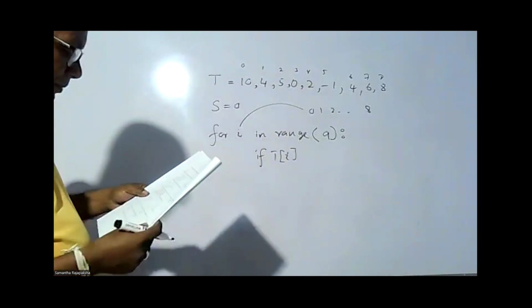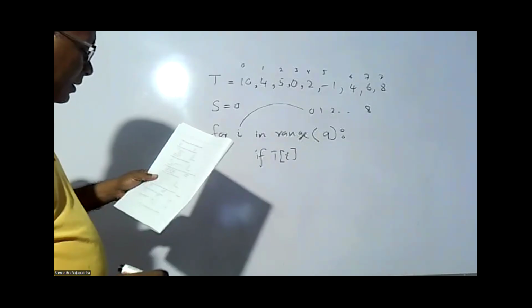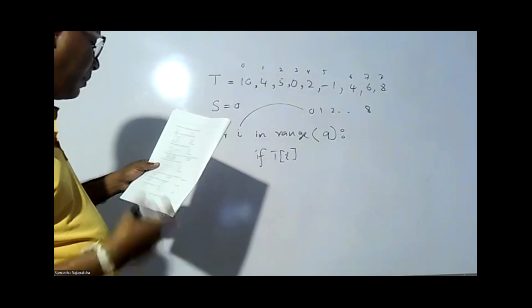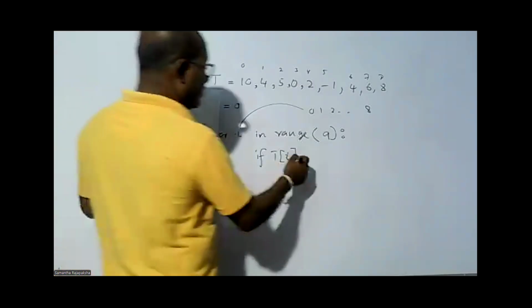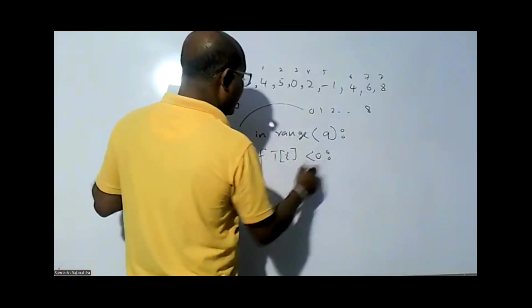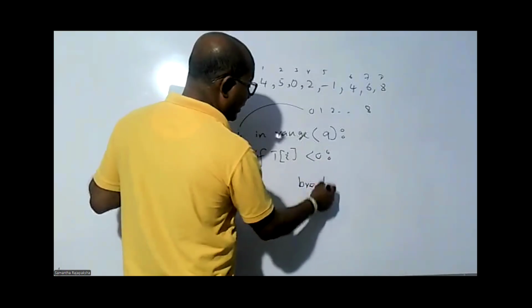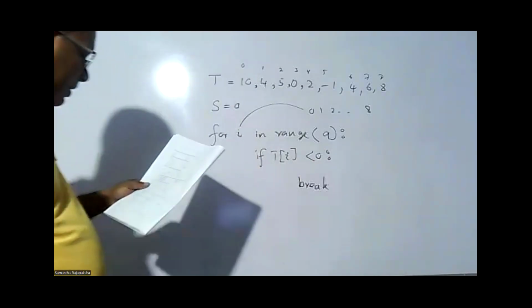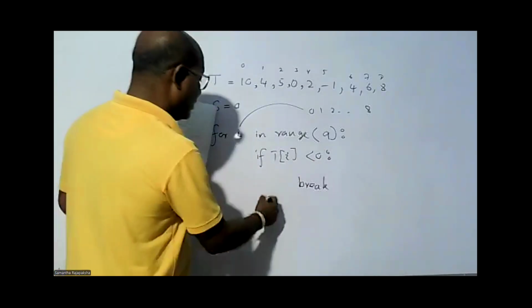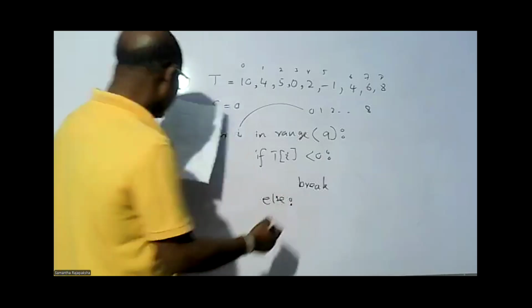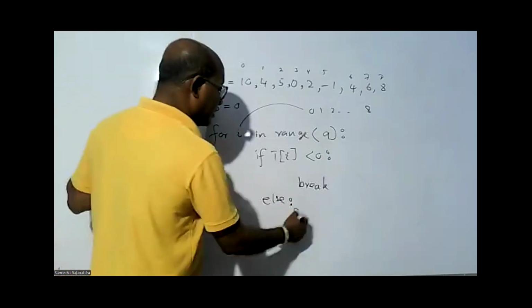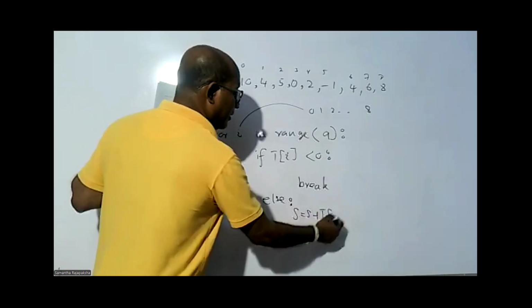What happens? It will check whether the number is negative. If T[i] is negative, then the loop is over, exit. Otherwise, if it is not negative, S is equal to S plus T[i].